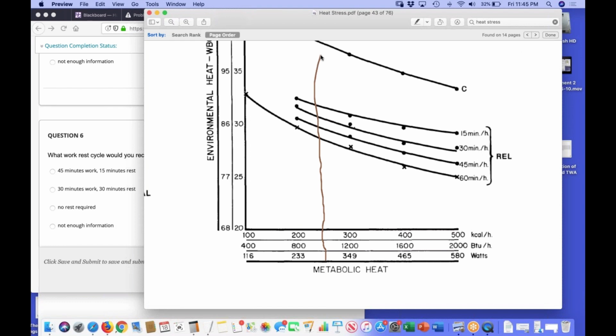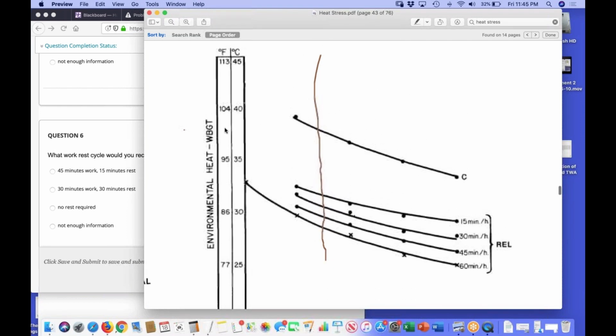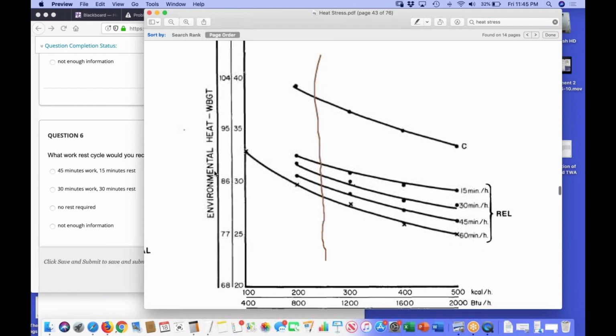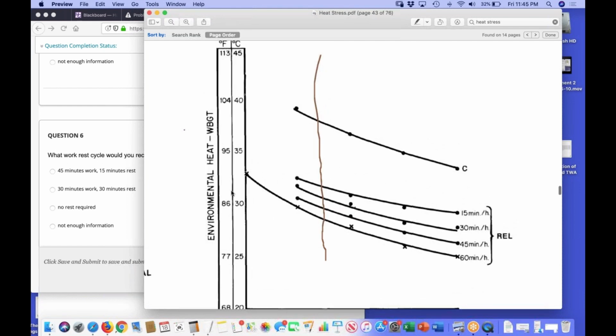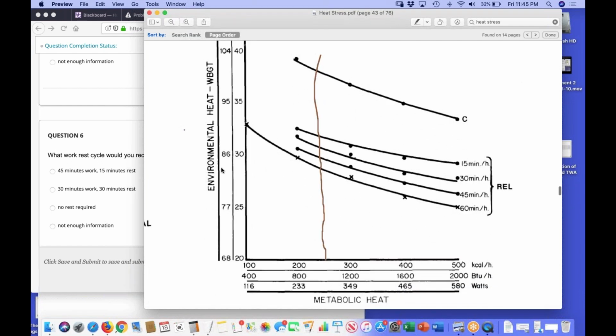And let's see, environmental heat. Okay, let's move this down. WBGT of 29. Actually, we have both of them, the Celsius scale next to it. 29. 29 would be about here.